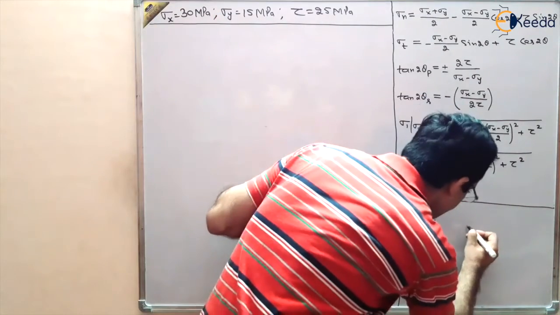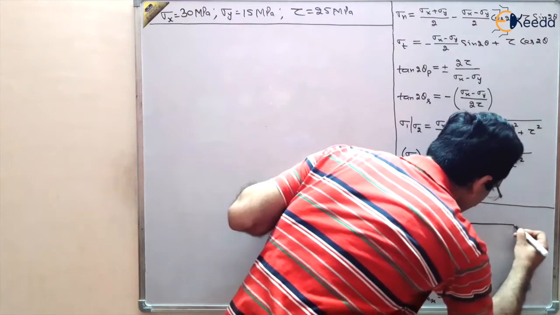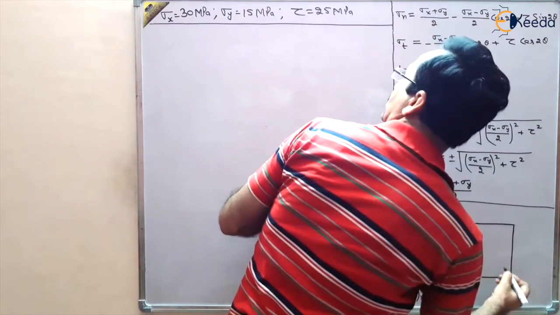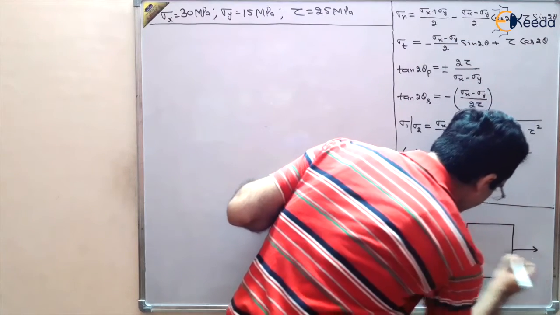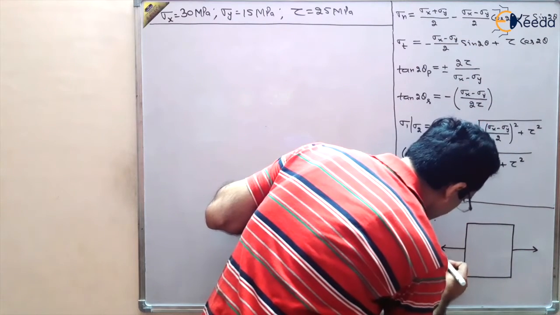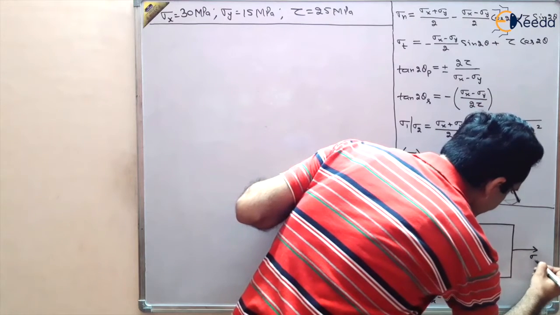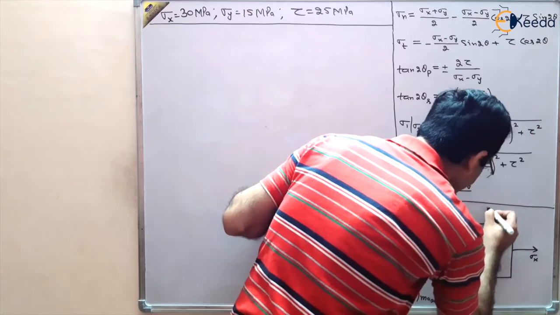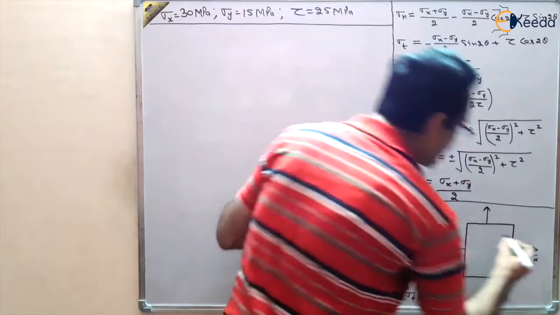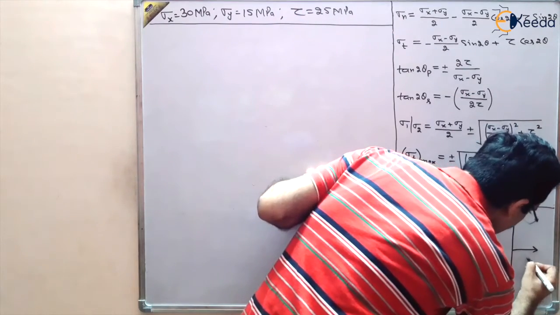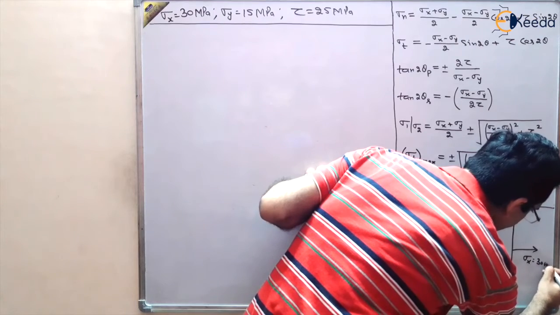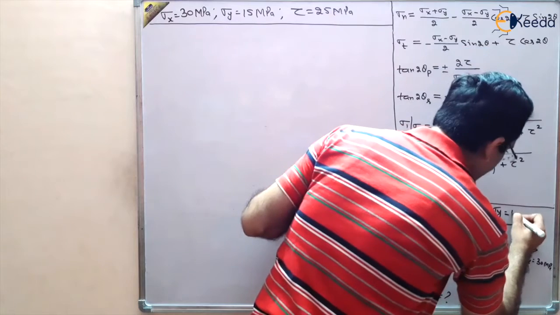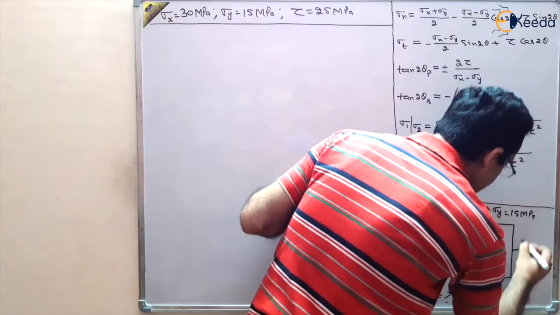We can draw this stress element like this. Sigma x is tensile, which is 30 megapascal, sigma y is tensile, which is 15 megapascal, and shear stress is positive.